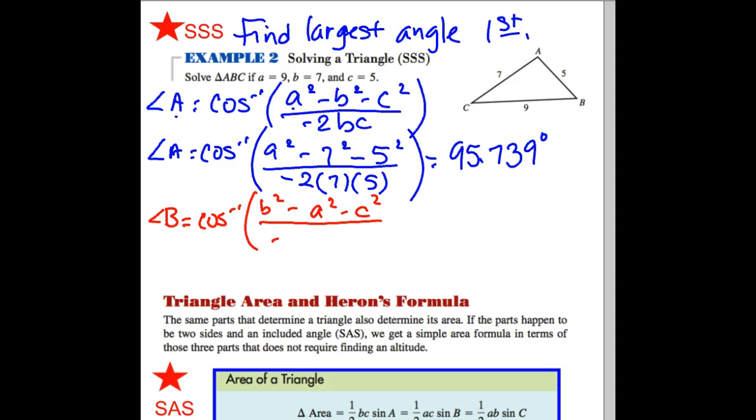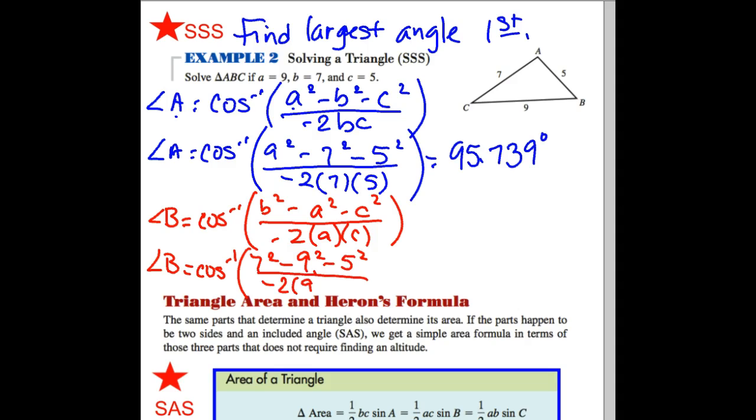And we're going to divide by negative 2 times the other 2. Right? Start to learn those patterns. Okay, let's plug our numbers in. B was 7, so 7 squared minus 9 squared minus 5 squared divided by negative 2 times 9 times 5.